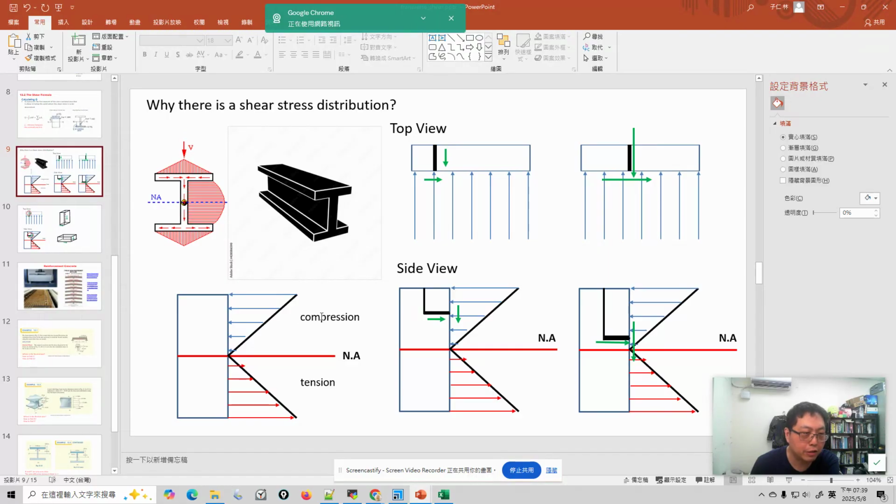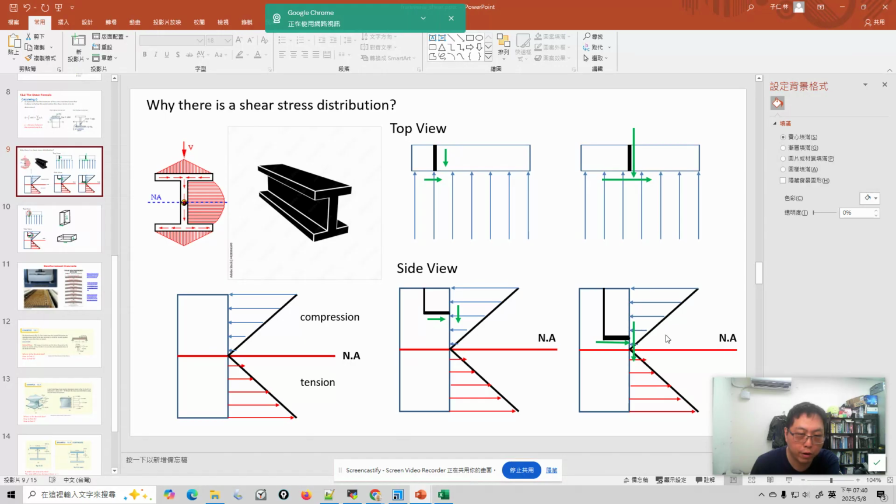The same applies when we analyze the shear stress distribution at the web part. We focus on this section and this section. At the bottom of this section, the right hand side experiences more compression force.